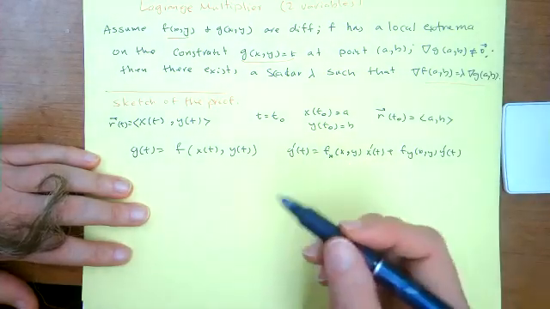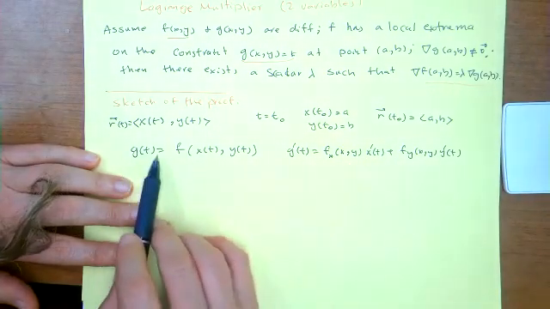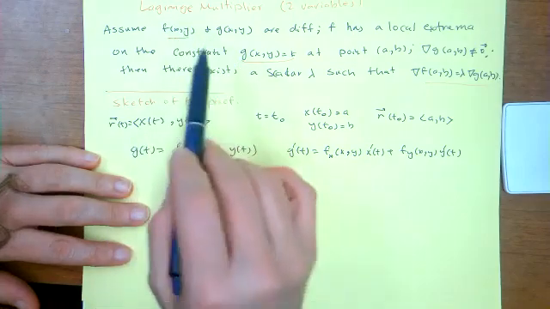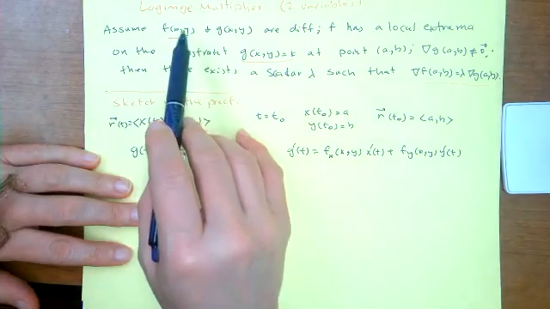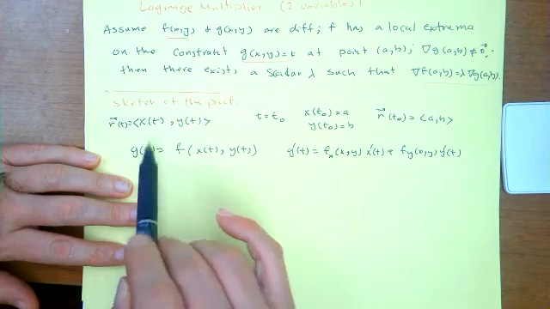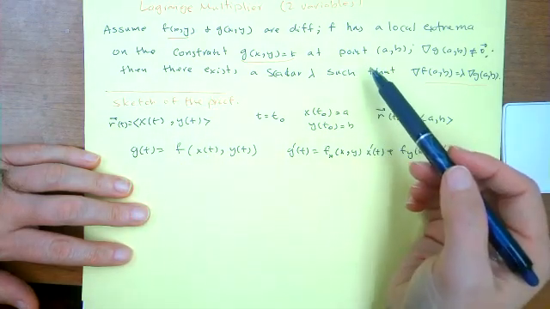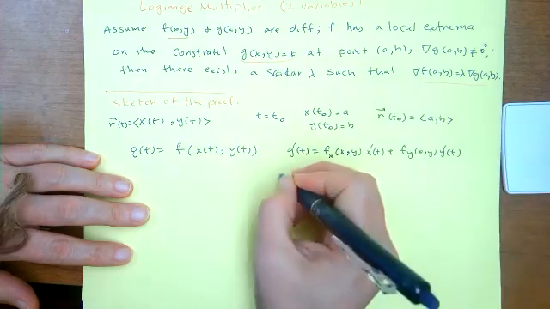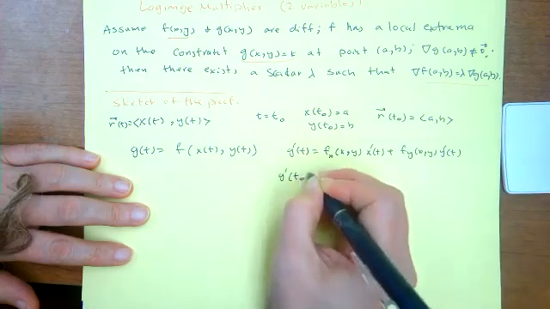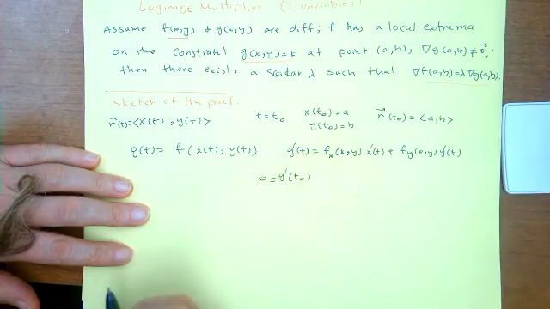Now, because we made a composite function g of t, this g of t at a local extrema should have derivative 0. So g prime at t0 has to be equal to 0.